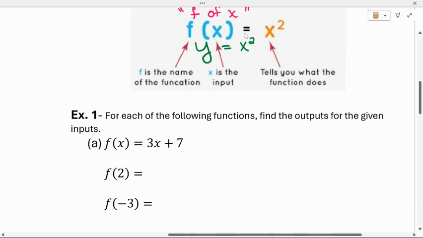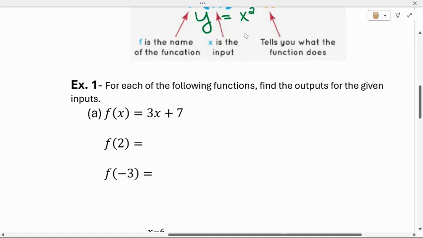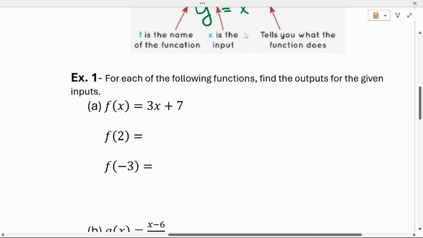So for each of the following functions, we have to find the outputs given the inputs. Example 1a, our function f of x equals 3 times x plus 7. When it's asking you to evaluate f of 2, this is an easy way of saying let x equal 2.